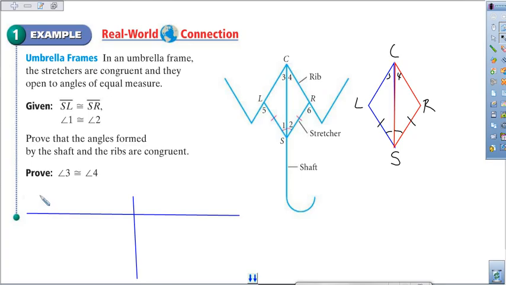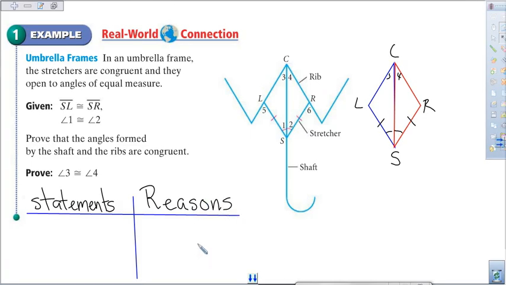And we have, I know that's crooked, statements and reasons. Okay, statements. So let's put the given part first. Segment SL is congruent to segment SR. Right there.